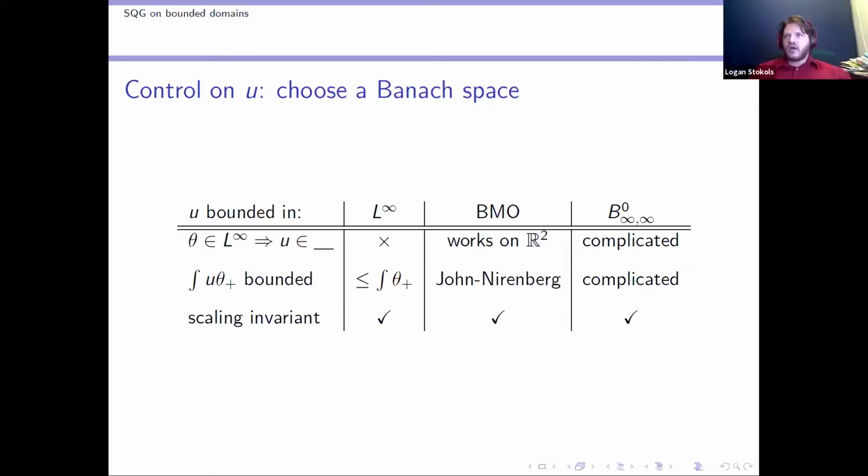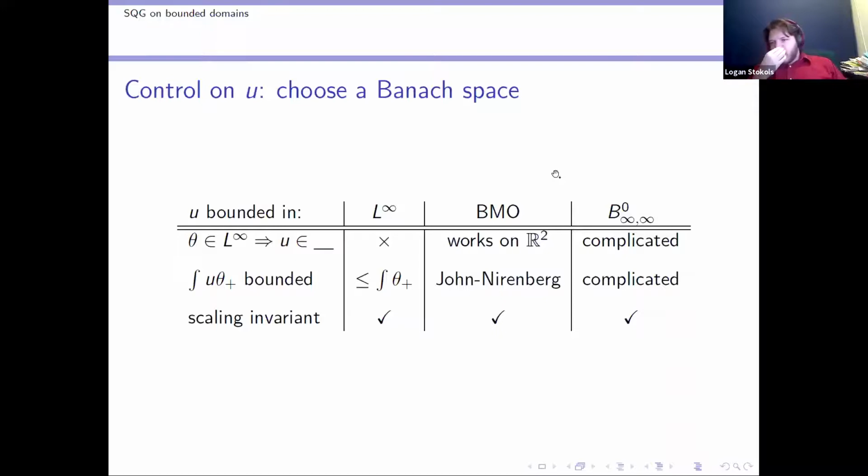But with John-Nirenberg and a very clever way of getting rid of that constant, and I'm not going to get into it at all, the part where you have to get rid of the constant is far and away the most confusing and difficult part of proving this result. It's mathematically trivial, but in terms of actually doing the calculations and writing it down, it's horrible. But anyhow, if you do that trick and get rid of the constant, you can bound the integral. And of course, BMO scales the same way as L infinity.